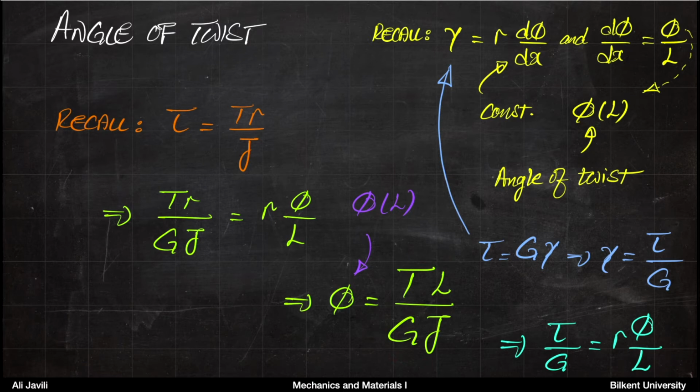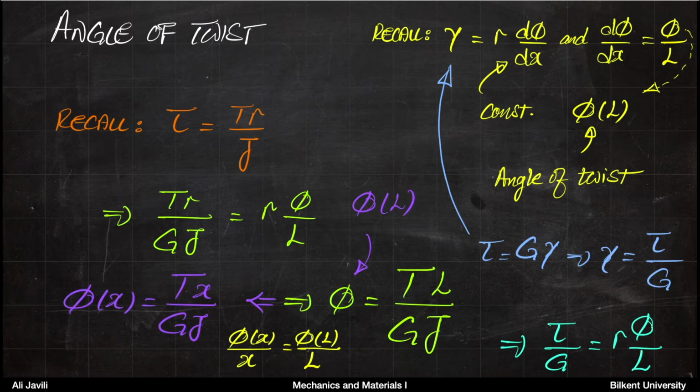And before I go further, I want to remind you that if it was an axial loading problem, the corresponding relation would have been delta equals PL over EA. So now it's phi equals TL over GJ. So this is the angle of twist at the length L, but as we spoke before, phi is a function of x and it is linearly dependent on x.